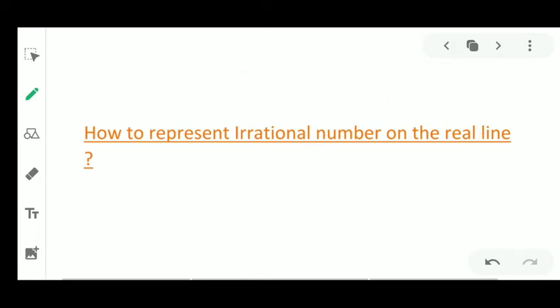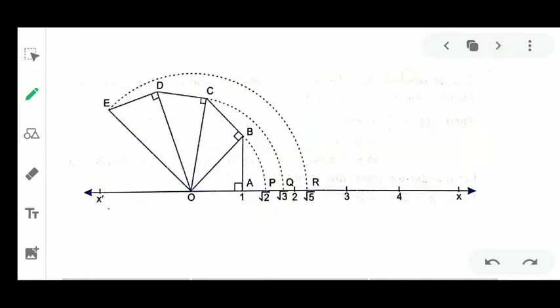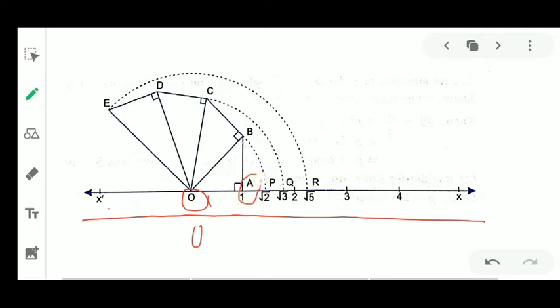Now we'll discuss how to represent irrational numbers on the real line. So first we will represent root 2 on the real line. For that we have to draw a line x'x and mark a point O, which also represents 0. Now mark a point A on the line x, with OA as 1 unit.